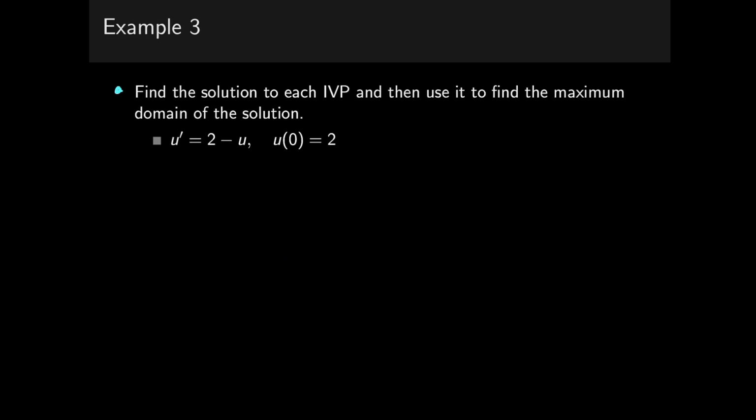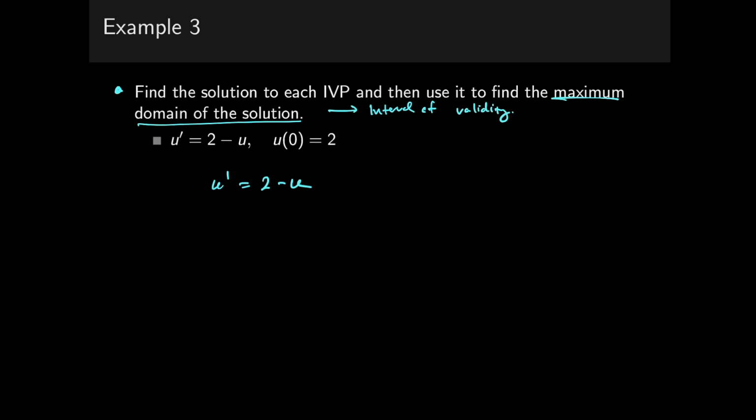So here's another example to talk about the concept of the maximum domain. Again, this has to deal with the interval of validity and how you'd find this. So u prime equals 2 minus u. And really, I'm just training you today to be hypervigilant about domains of things, okay?